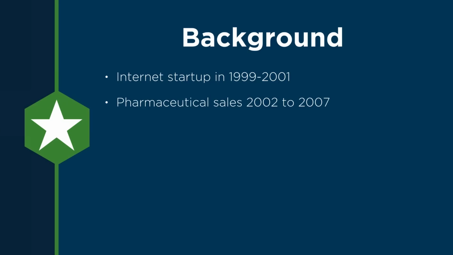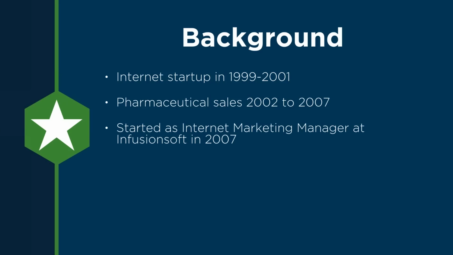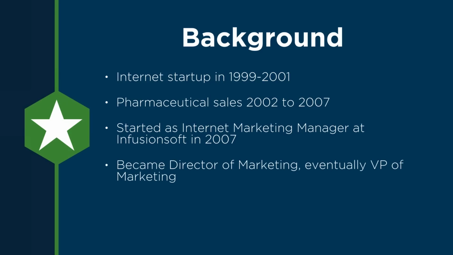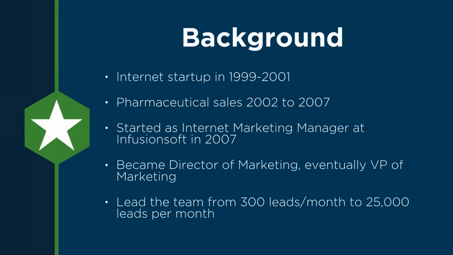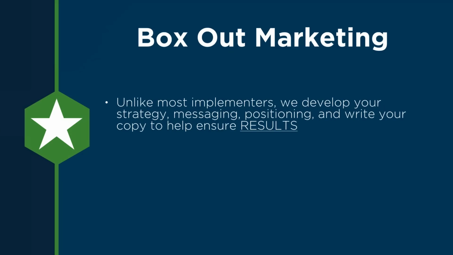During that time, Eric Martineau was also at that internet company, and he went with his brother Scott, started Infusionsoft. Clayt joined them later, and then I joined them a few years later as the internet marketing manager at Infusionsoft in 2007. I became the director of marketing and eventually the VP of marketing at Infusionsoft, and I led the team during a period where we took our lead generation from 300 leads a month to 25,000 leads a month.